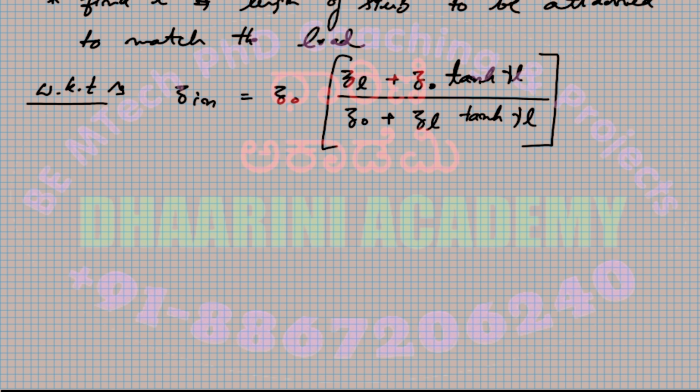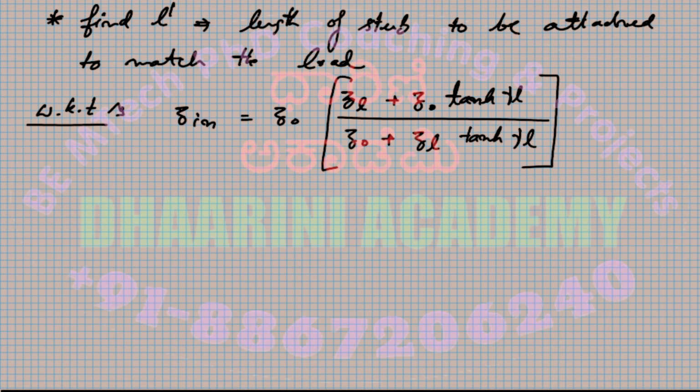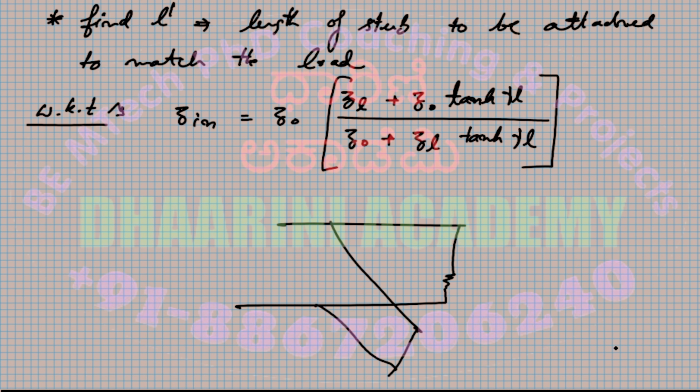Now, normally we will see this concept on the Smith chart. If you use impedance, you see what is our orientation of the stub and the line. Are they series or parallel? Look at this direction. You look into the load and tell me whether you are connecting them in parallel or in series. Parallel, right?